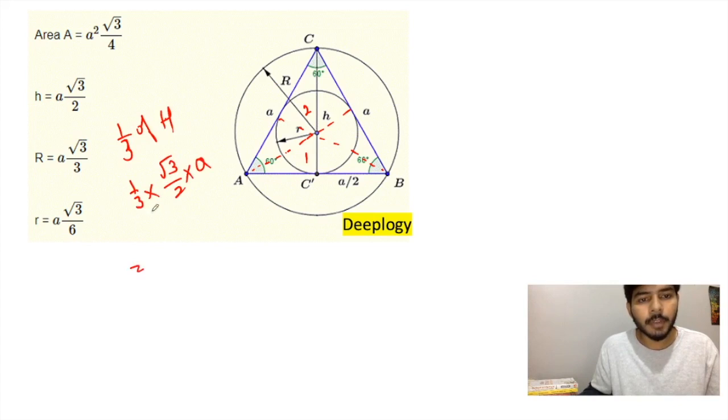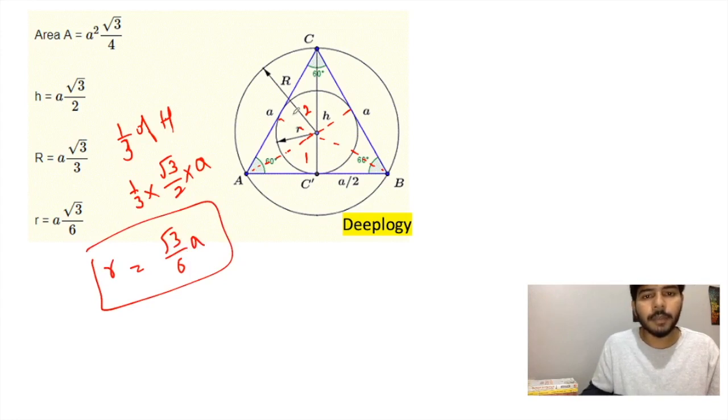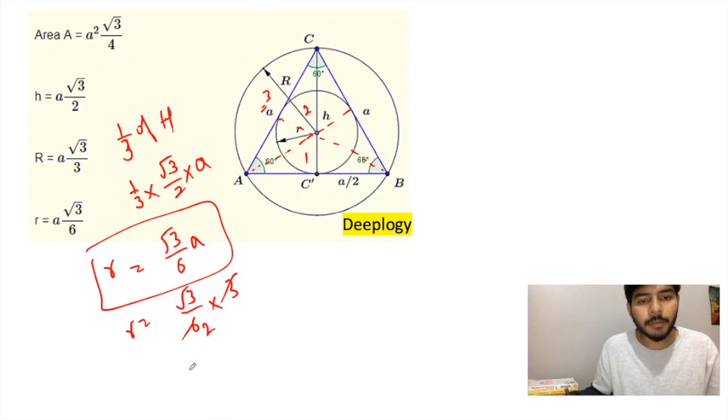Remember, then you can directly write root 3 upon 6a. By this, you can find small r also. Again, if the side of the equilateral triangle is given as 3, then you can directly find the radius. That means root 3 upon 6 into 3, so small r is root 3 upon 2. Directly you can write.